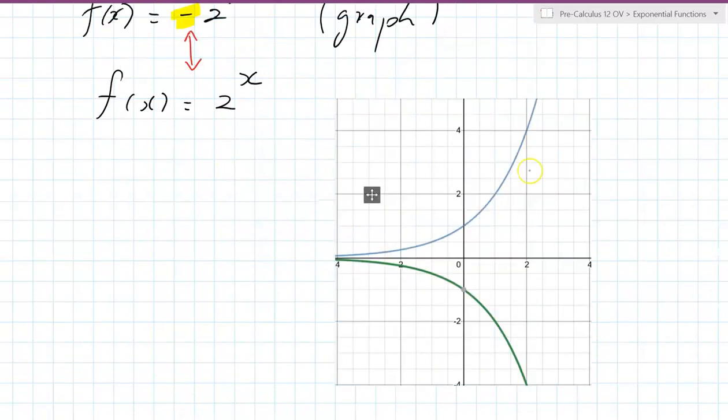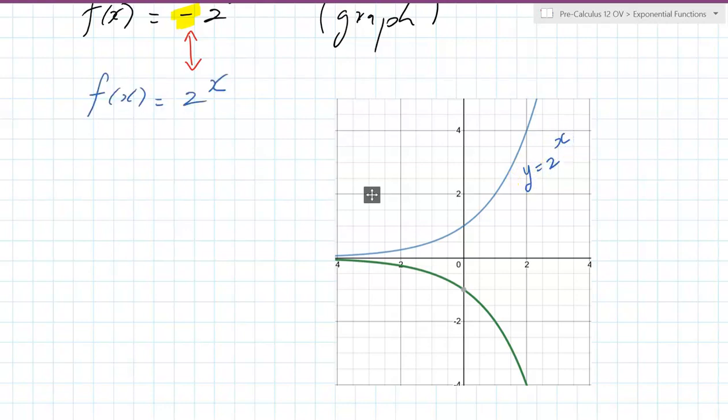So here it is. The blue graph is y equals 2 to the x, and the green graph is f(x), or y equals negative 2 to the x. Remember, y is actually f(x), right? I don't have to repeat that. That's good. All right, so notice what happens. Reflection over the x-axis. This is when you have this negative, and then the reflection over the x-axis happens.